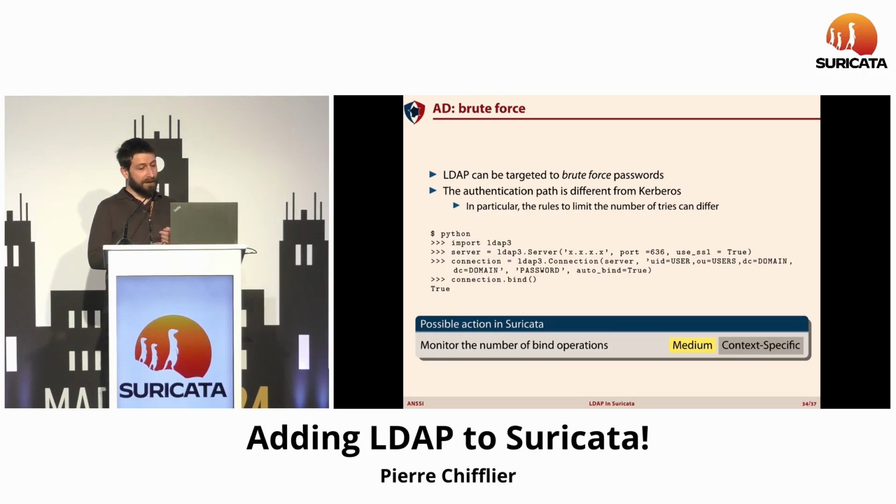For example, you may only try 3 times before the account is locked on Kerberos, but on LDAP you have as many tries as you want. So again, it's interesting to detect if a huge number of bind operations are attempted at a moment. I believe it is not too difficult to detect from Suricata's point of view.